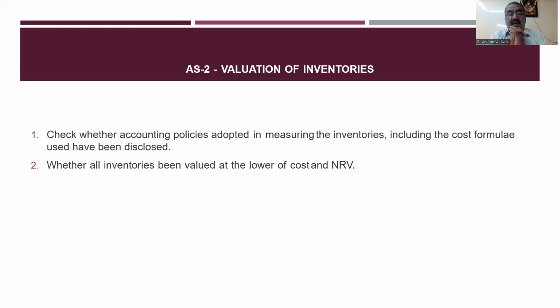Whether they value the inventories at the lower of cost or net realizable value, that is sale or market price, whichever is less. We have to see whether the company has followed the valuation of inventories policy properly or not.